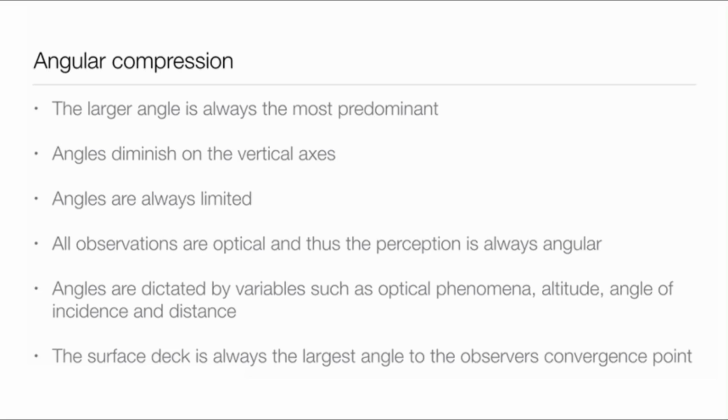So the lower you go in altitude, or the further the object you're observing, the angle will diminish vertically. If you understand between your eyes and your feet to the deck, the surface, the further out it goes, or the lower you get, that angle is going to get smaller and smaller as the distance goes vertically.